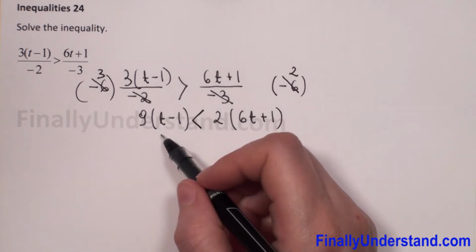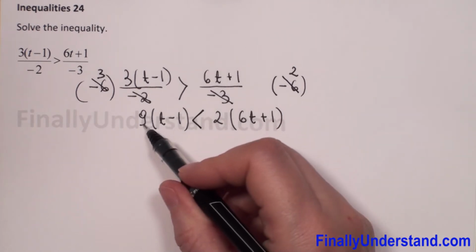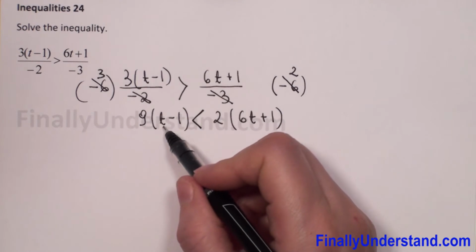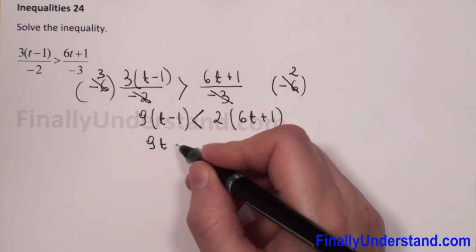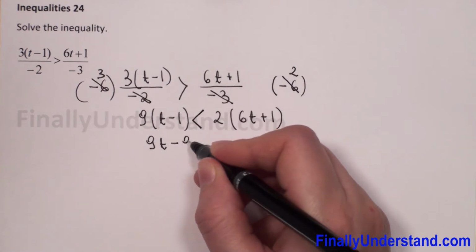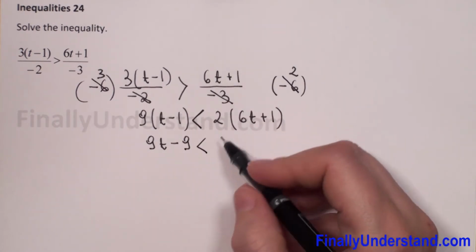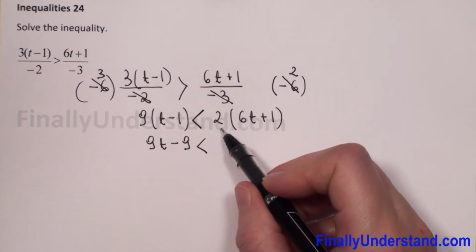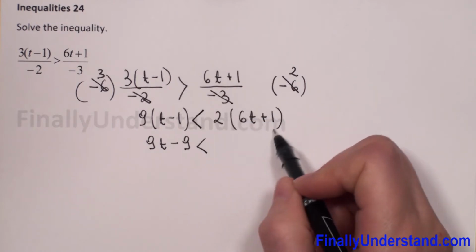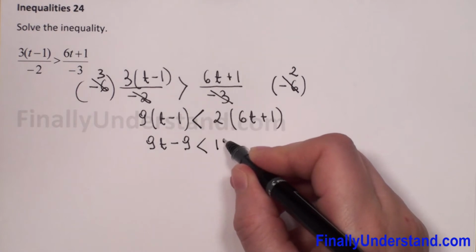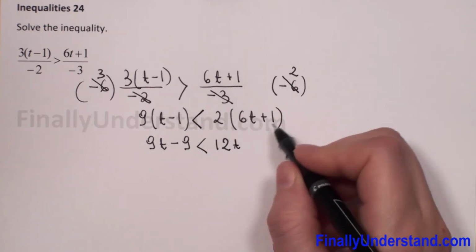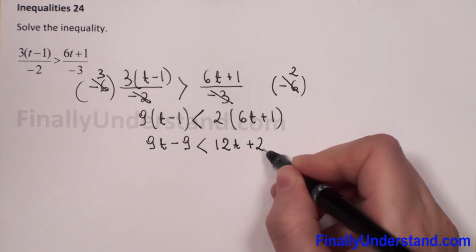Now I have to multiply t minus 1 by 9. So 9 times t is 9t. 9 times negative 1 is negative 9, is less than, and I have to multiply 2 by whatever is in parentheses. So I have 2 times 6t is 12t. 2 times 1 is 2.